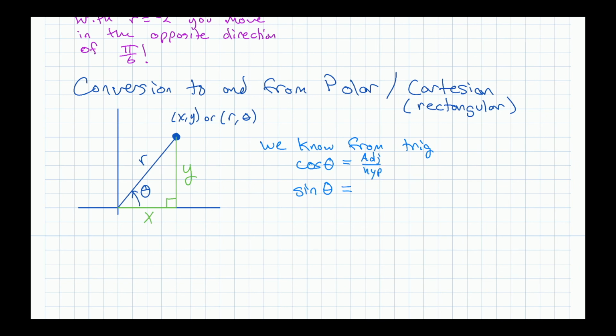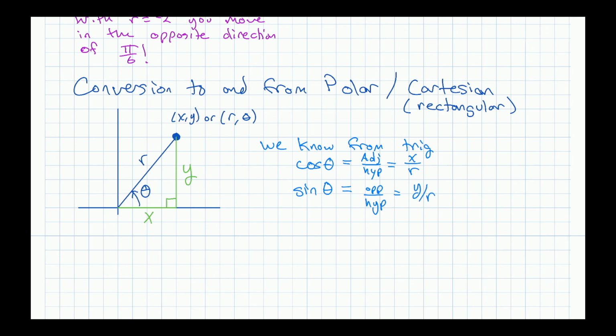If this is your theta, the adjacent side is x and the hypotenuse is r. So x divided by r. That's your cosine theta. And your sine theta is normally the opposite side over the hypotenuse. So opposite side is y, hypotenuse is r. So you have y over r.